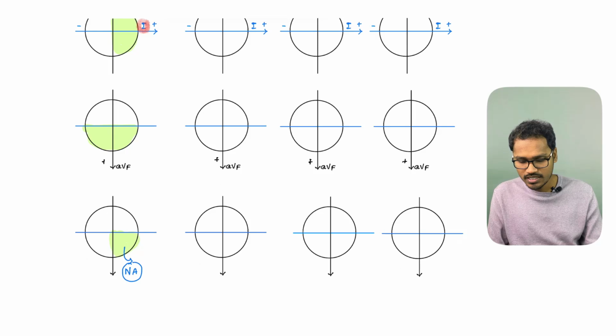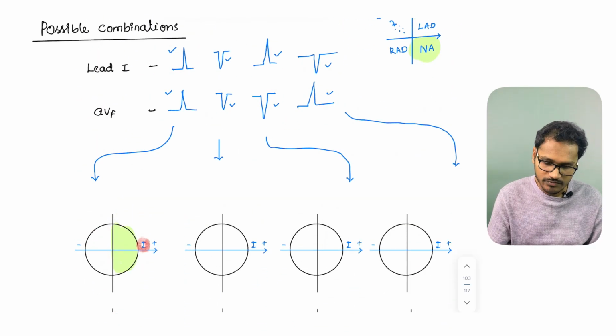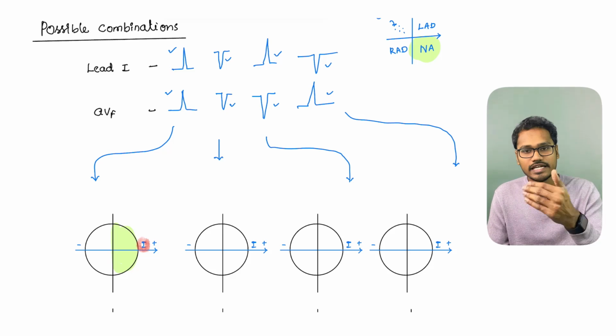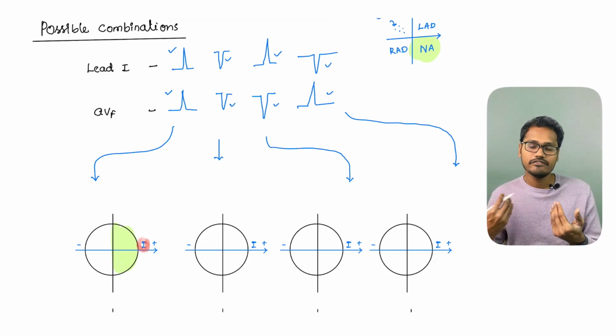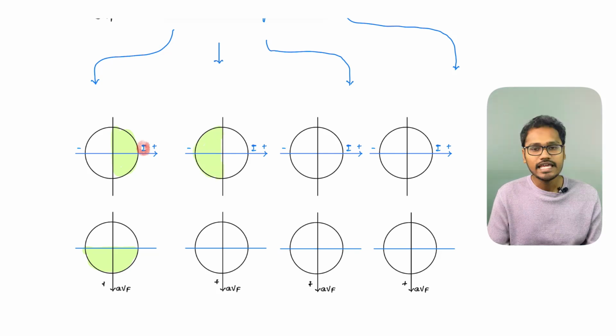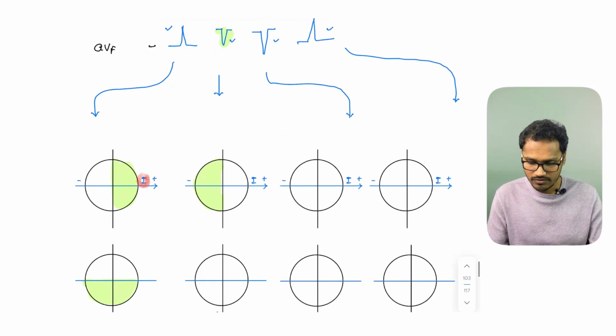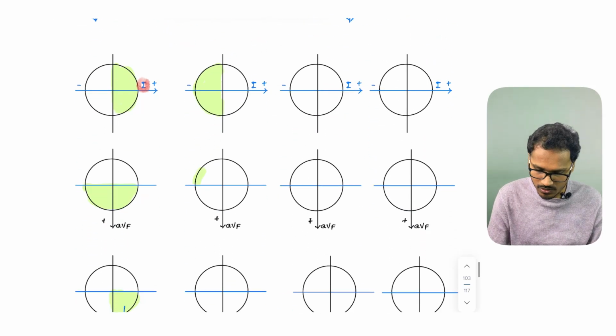Now coming to the other condition, when both are negative. Now the second scenario, that is when both are negative. When lead 1 is negative, this half we will be shading. So it is the opposite of the previous condition. And AVF is also negative. So AVF negative will be this above area.